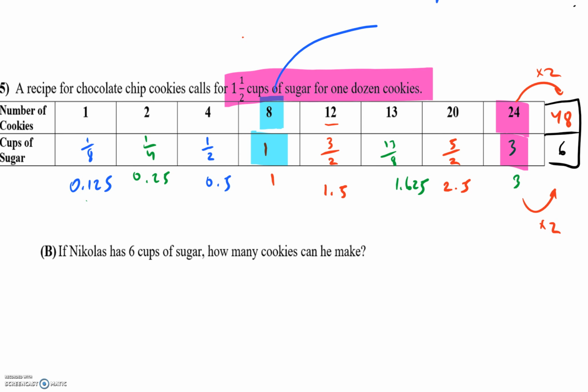So once again, you could have done it either way. Either column, whatever works for you. Alright, so with that being said, with 6 cups of sugar, Nicholas can make 48 cookies.